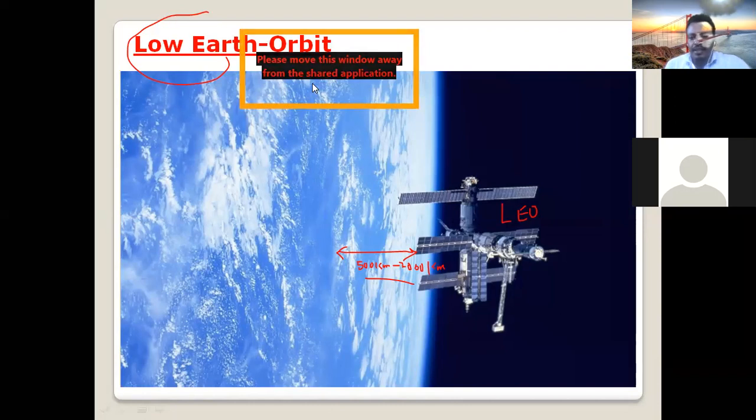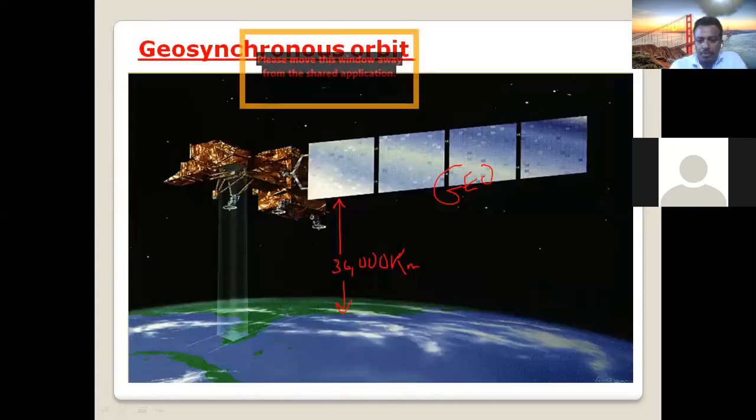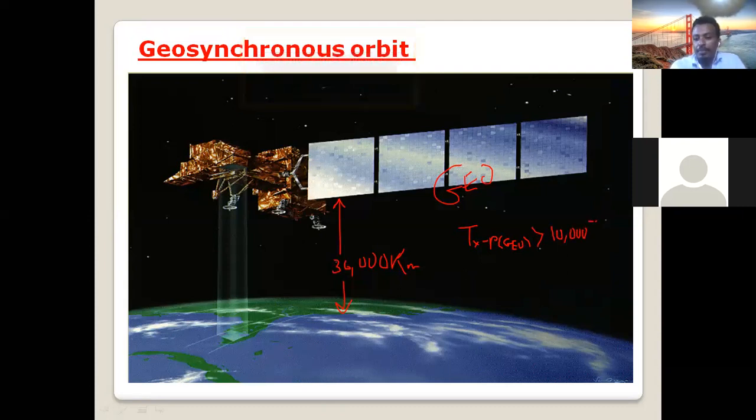So if you compare transmitters used for low Earth orbit satellites and transmitters used for geosynchronous satellites, the TX power for GEO satellites must be at least 10,000 times greater compared with the transmitter power for LEO satellites.